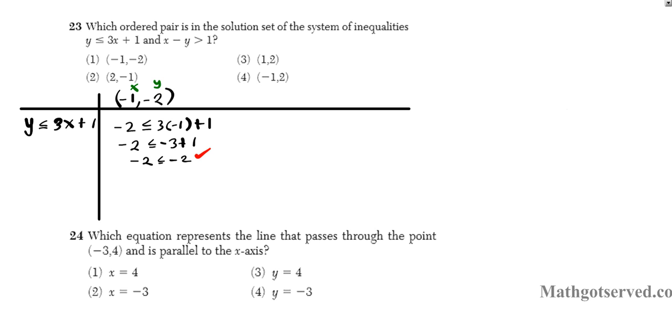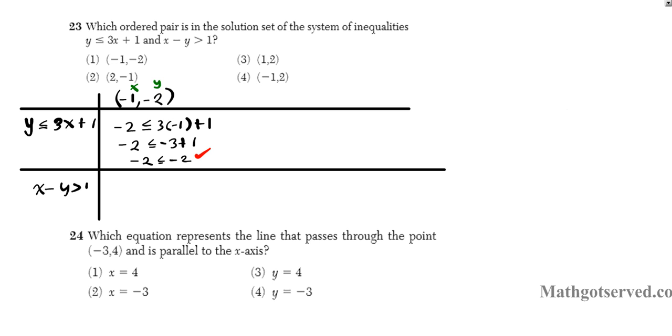This inequality is true. Alright, let's test the second one. Note that the solution point must satisfy both inequalities, not just one. The second inequality is x minus y is greater than 1. Using the same point, if we plug it in, is -1 minus -2 greater than 1?